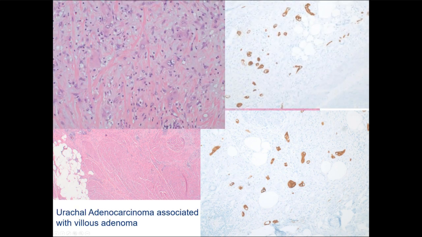So this is a ureteral adenocarcinoma, which is associated with a villous adenoma. So the key thing to take home is that when you see a ureteral lesion and it looks very much like a villous adenoma, it's critical to go back and sample the lamina propria and the muscle and the fat extensively to look for invasive component of this ureteral neoplasm.